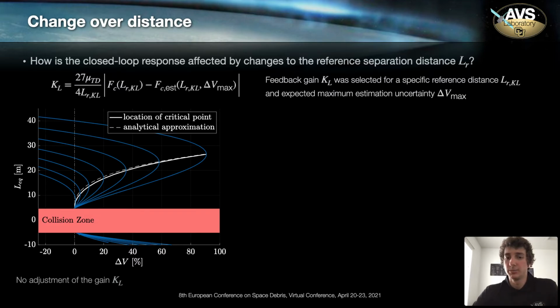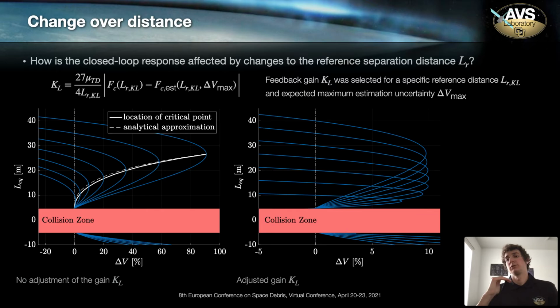But if we update the feedback gain for every new reference distance, then the critical estimation error stays approximately constant at 10%.